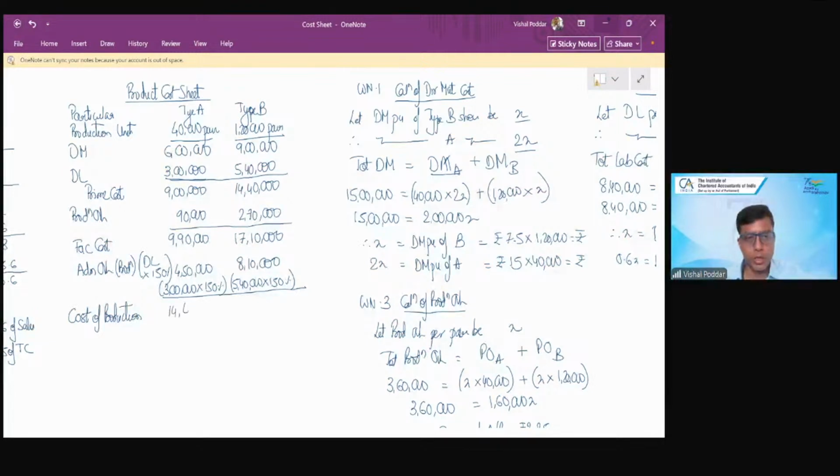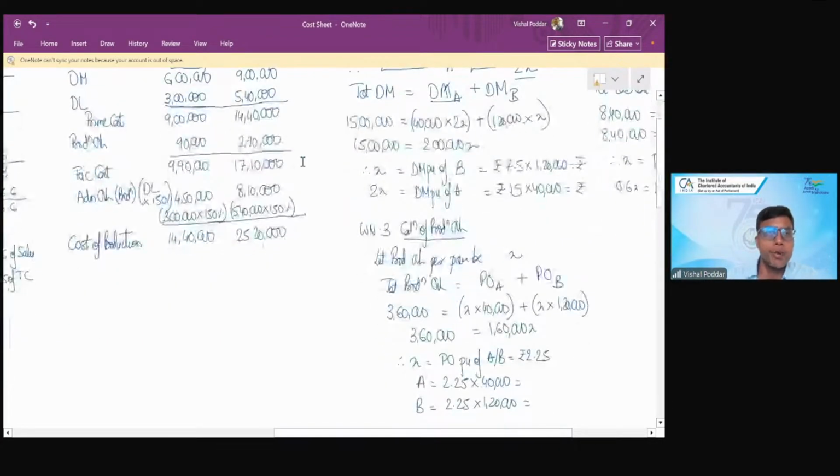So 1440 I'm getting here and 2520 I'm getting here. Now comes the most interesting adjustment, of stocks for the first time: plus opening finished goods stock, minus closing finished goods stock.